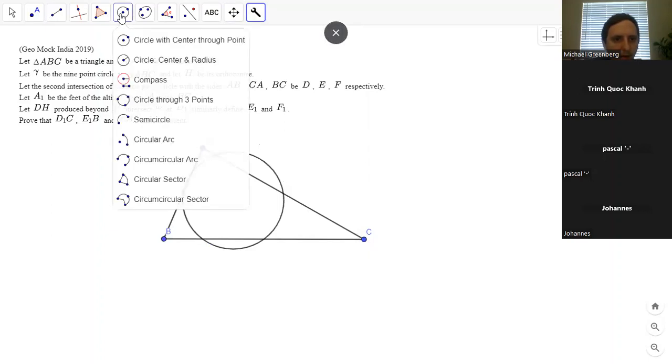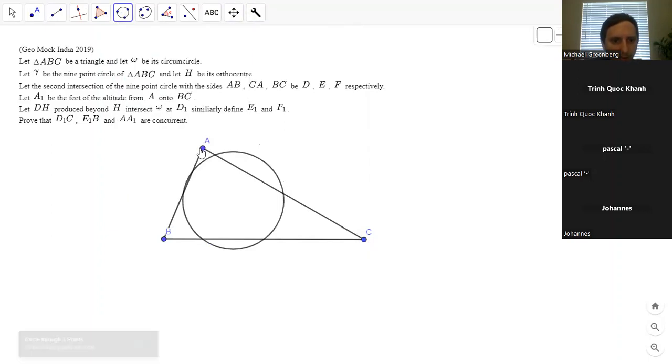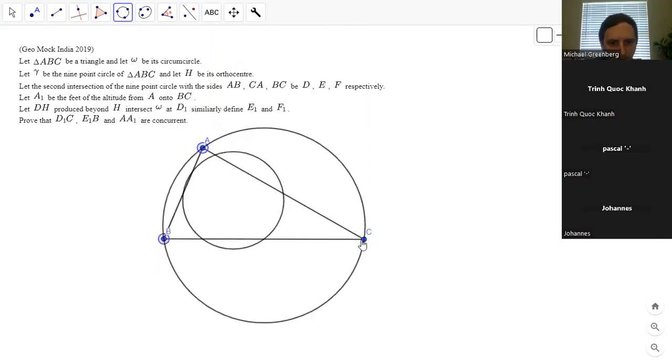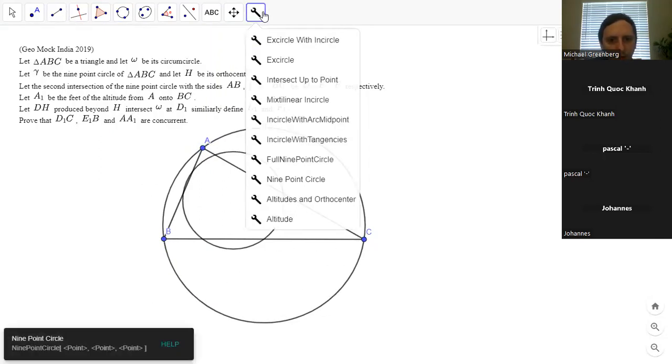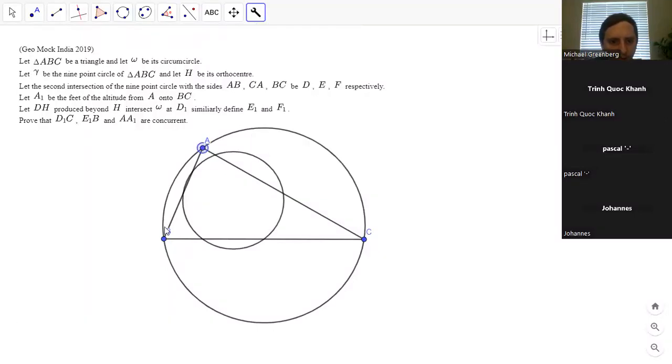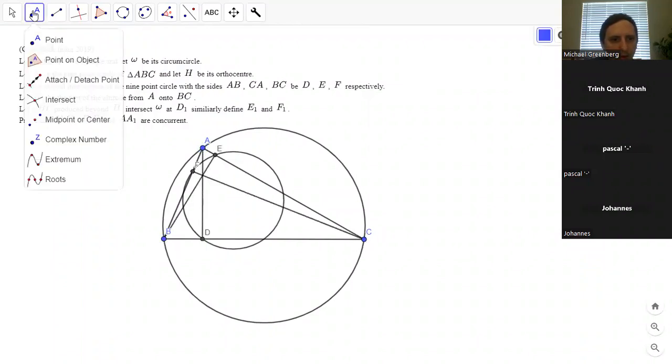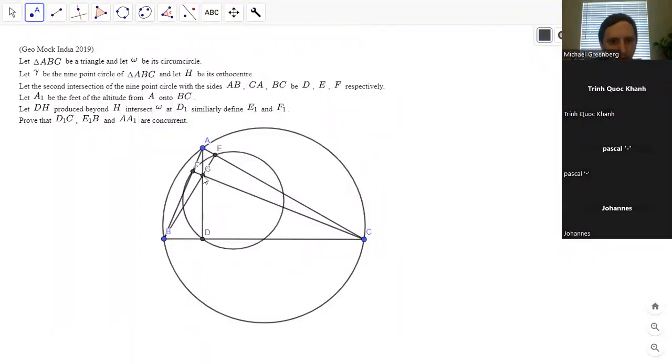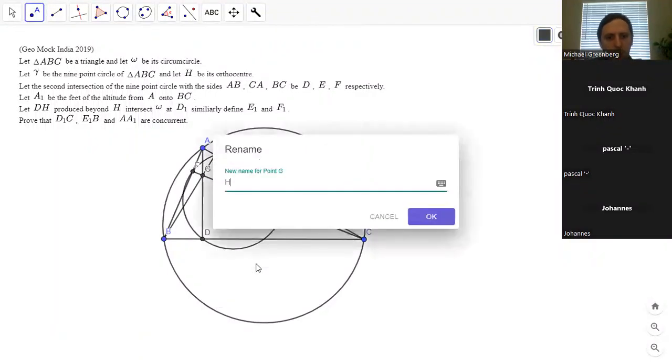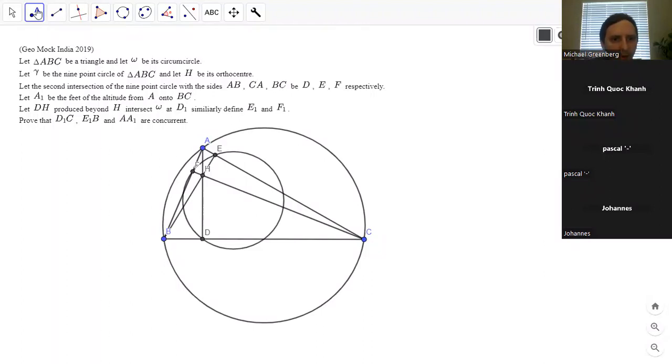And you draw the circumcircle. The orthocenter, let's just do this. This is H. I don't know why H didn't show up.